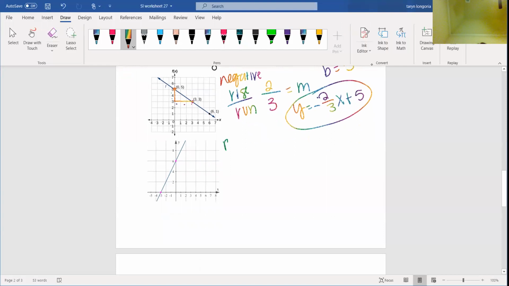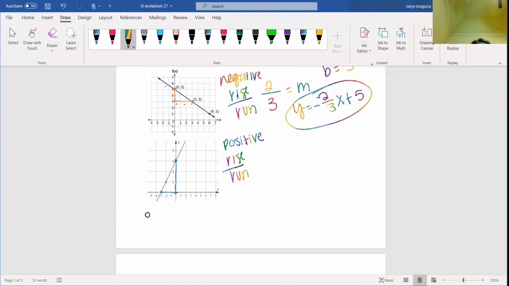Okay, this one is a positive graph. So we're going to find our slope, which is our rise over run. So here, and we'll go here and here.